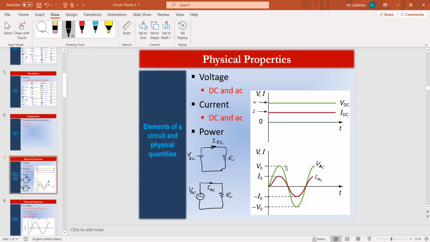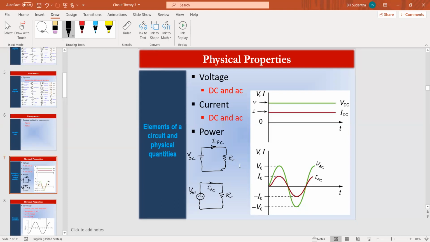This resistor is there. But if you have different circuit components, the capacitors, maybe the inductors also, then they might have different waveforms. But I am not going to discuss those things under the circuit theory. We are going to discuss AC voltages and DC voltages, then AC currents and DC currents also. But we are not going to discuss the effects of the capacitors and inductors.